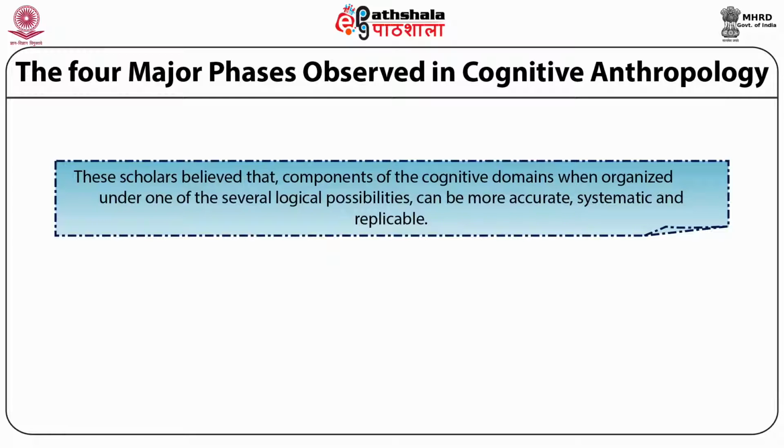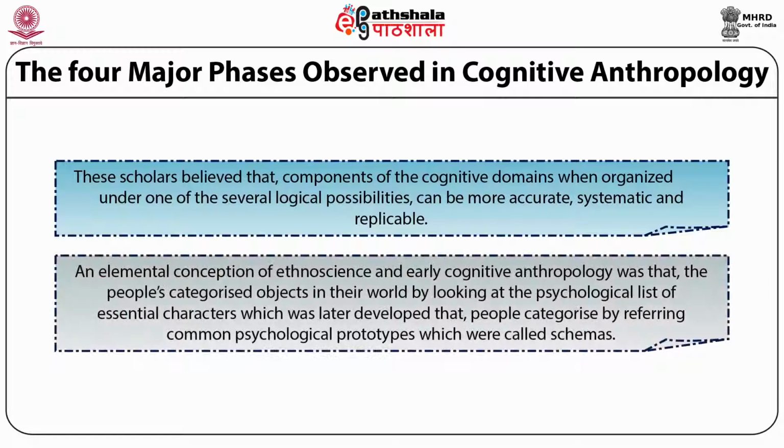So it is the duty of the researcher to understand how they categorized all these objects and schemes. So an elemental conception of ethnoscience and early cognitive anthropology was that people categorize objects.